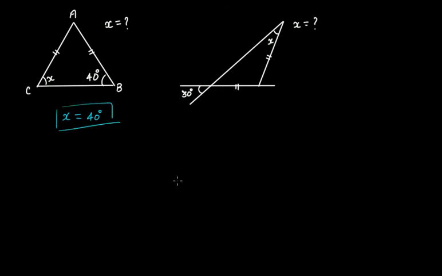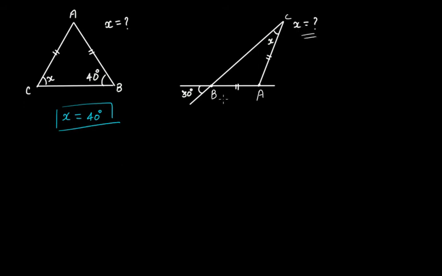What about this one? In this case, let's mention here, let's say that this is B, this is A, and this is C. So here also you have to find x.